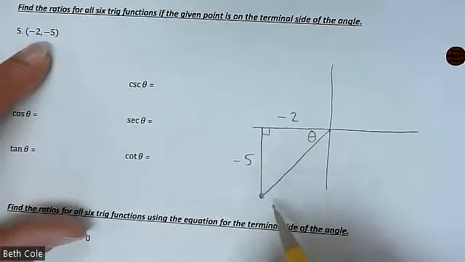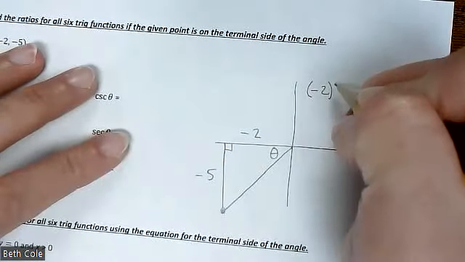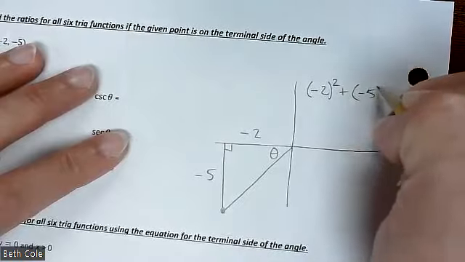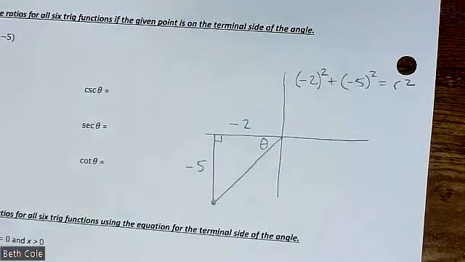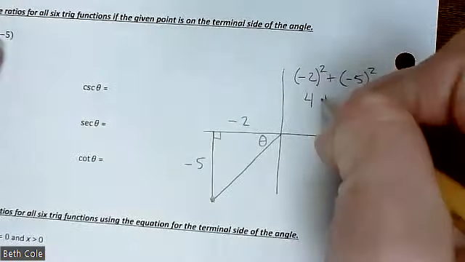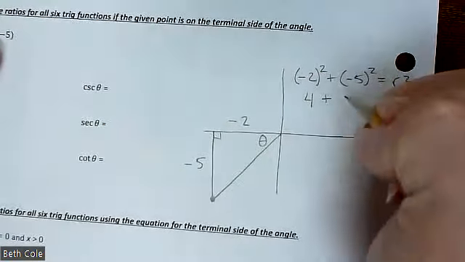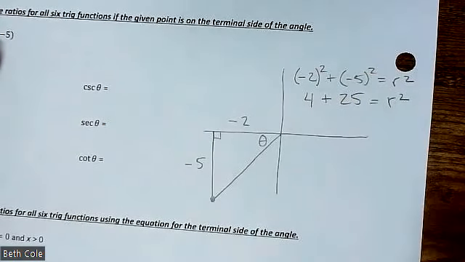All right. And then what are we going to do to get R? Perfect. And R is never negative just by definition. That's a positive value. And again, when you square things, they turn positive. So like -2 squared is +4. And then this is +25.